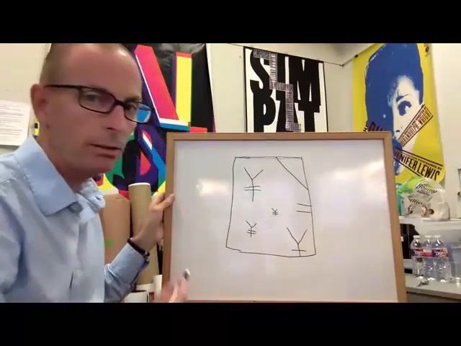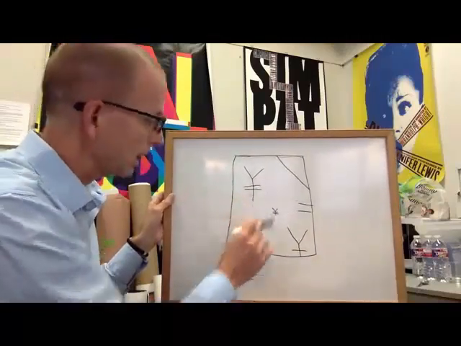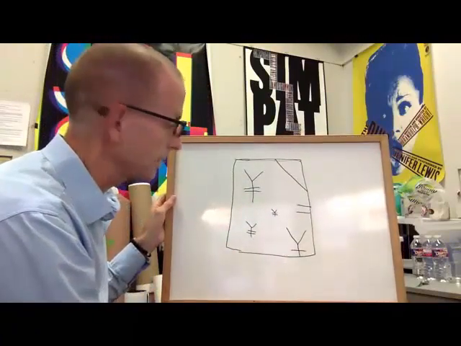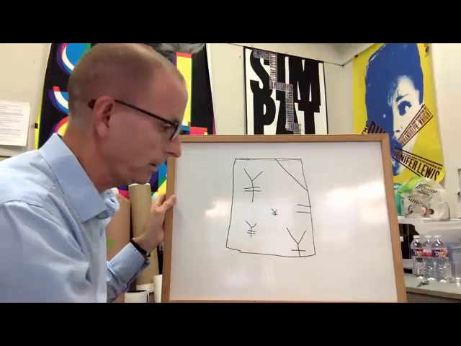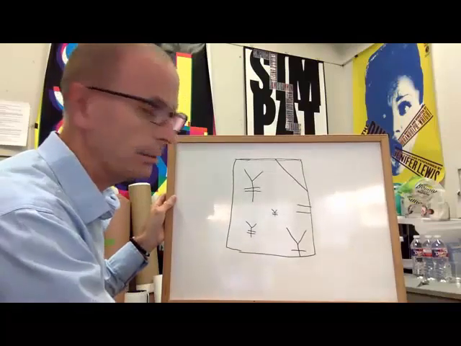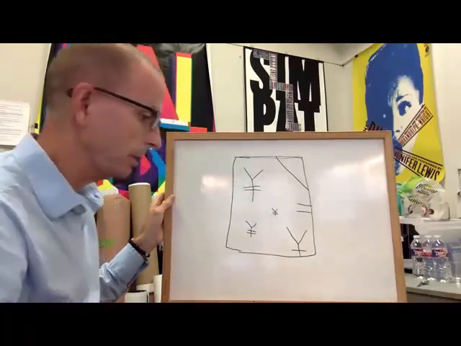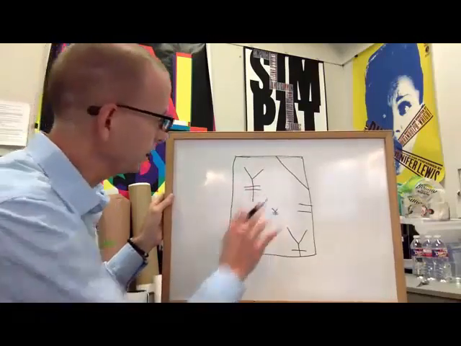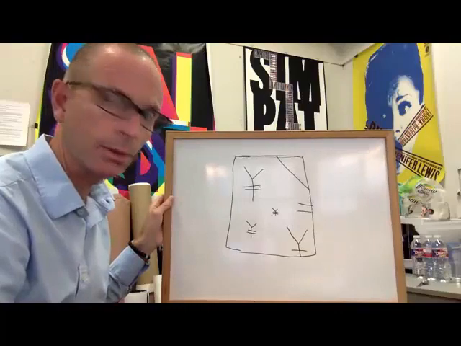So you can begin to see that scale or size is a really important element in design to create these dynamic relationships within the composition.